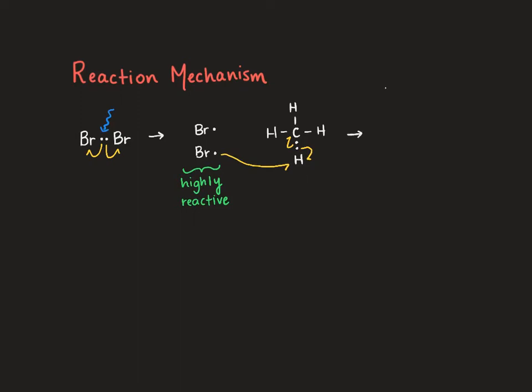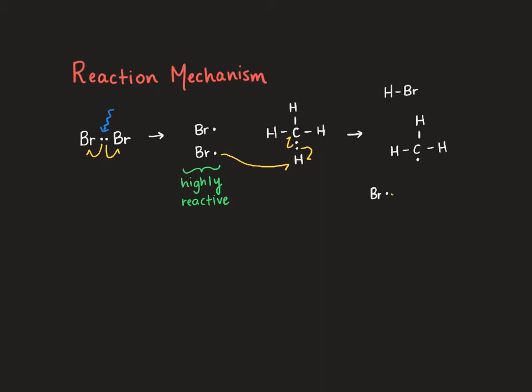So what we have now is we've formed our HBr, our byproduct, but we have what we call a free radical. When we have an unpaired electron, it's called a free radical on our methane. And we still have the other bromine with its unpaired electron.